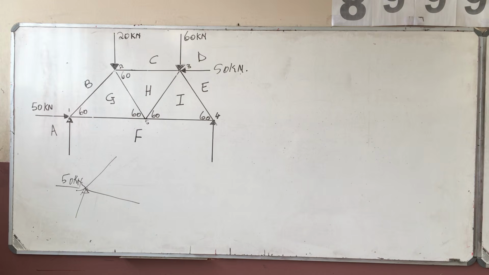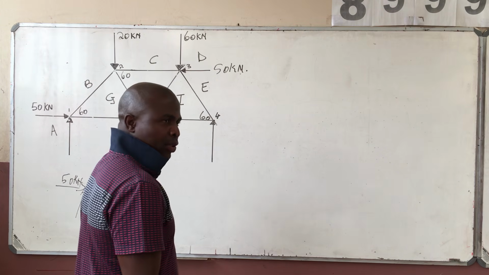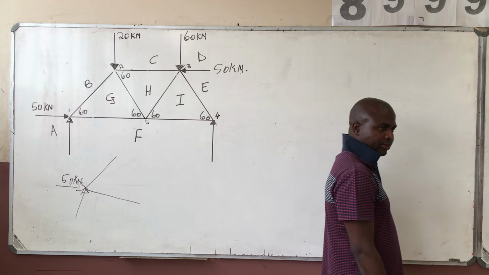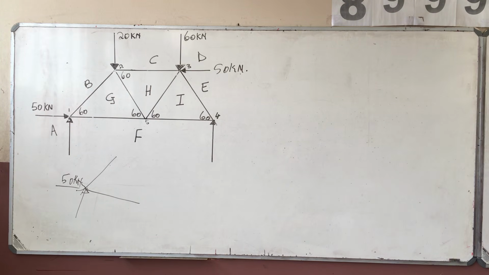So on the board, when you check there, which point can we start with? Is there any point with at least 1 known and not more than 2 unknowns? Which point is that one? Point 1.